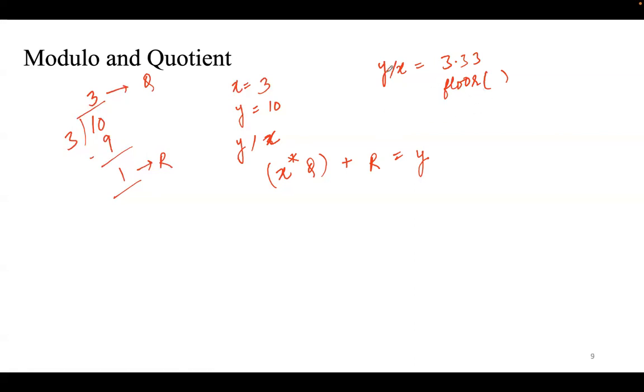So floor of y by x is going to be 3, because 3 is the integer which is just below 3.33. That is going to be your q here, and whatever remains, that's the remainder. Keeping this in mind, we'll see the examples when either x or y is negative, because that is where we were having the confusion. Understanding it for numbers where both of them are positive is relatively simpler.